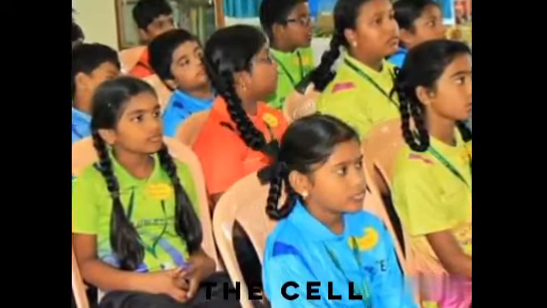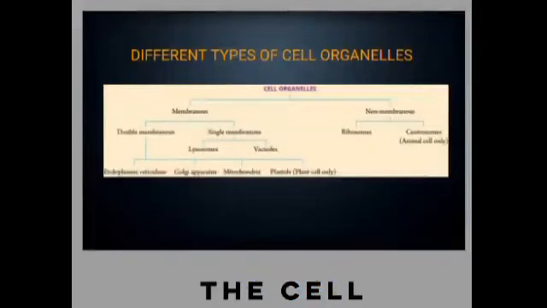Students, now observe the picture and note down the flowchart. The flowchart explains that the cell organelles based on their structure are broadly classified into two types: membranous and non-membranous cell organelles.